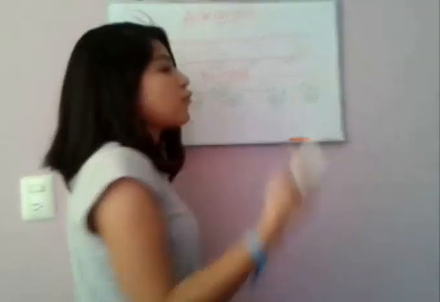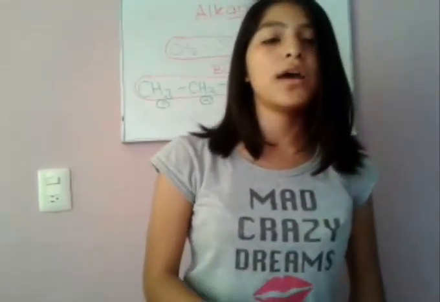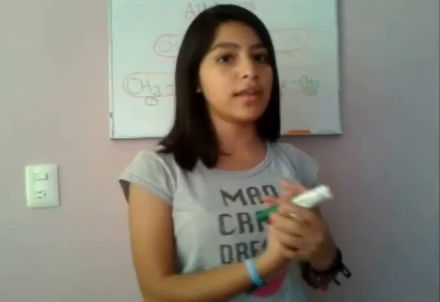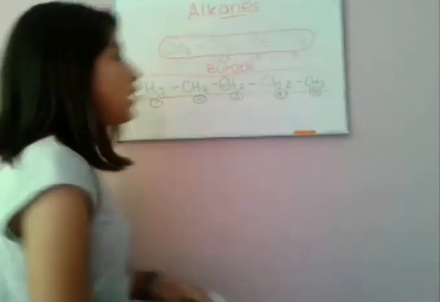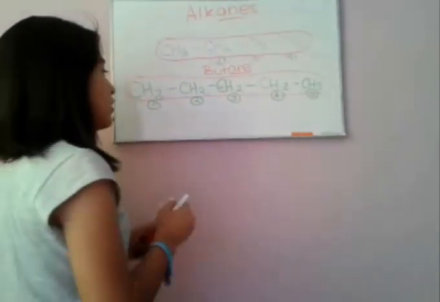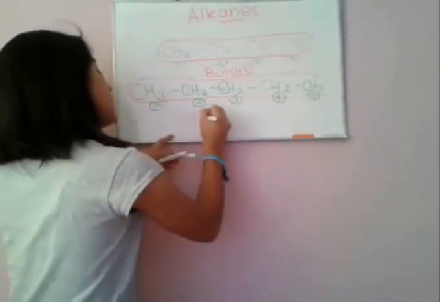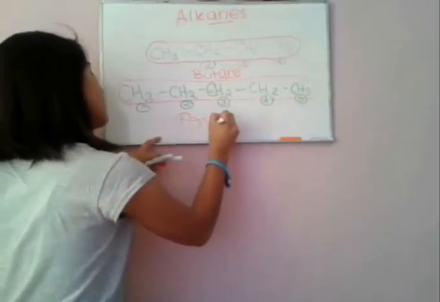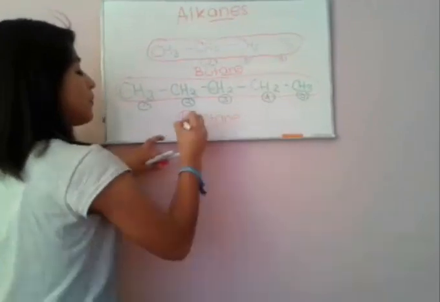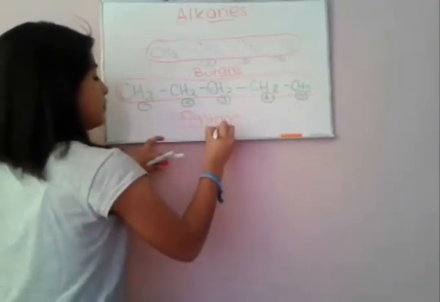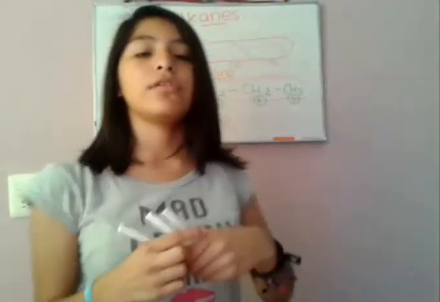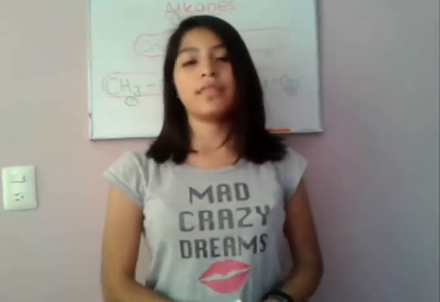If we have 5 or more carbons, we add the Greek prefix: penta, hexa, hepta, octa, nona, etc. In this case, we have 5 carbons, and the name is pentane. We add the Greek prefix and the suffix -ane. So thank you, and that's all.